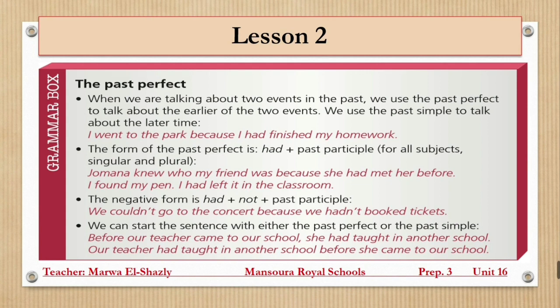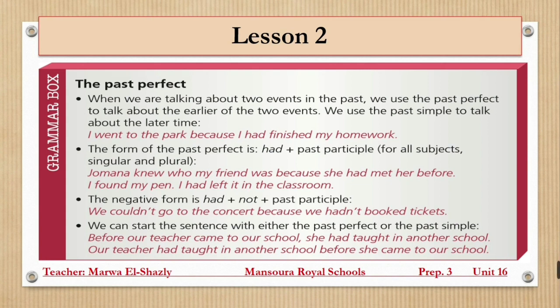So the action of meeting her preceded knowing her. I found my pen. I had left it in the classroom. Found, had left. I understand from this sentence that I had left my pen first, then I found it.